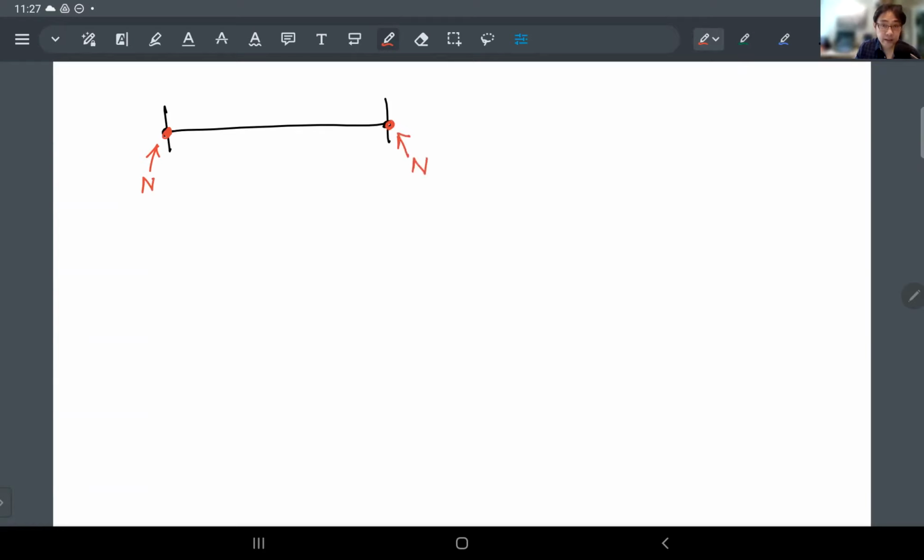With me, guys? And that allows me to say that the first case that you're going to get is this, from node to node. I'm going to use a different color as usual. There you go. So if the length of the string over here is L, this is one perfect loop.